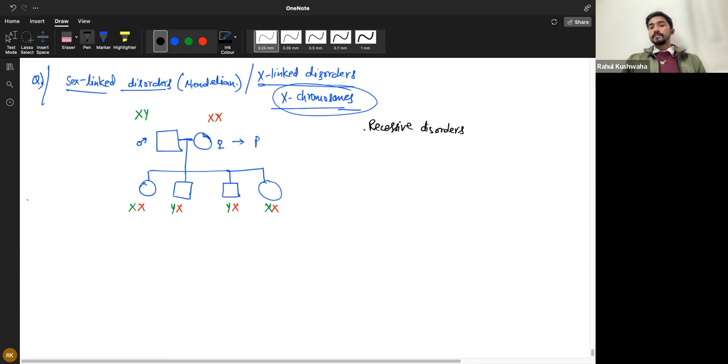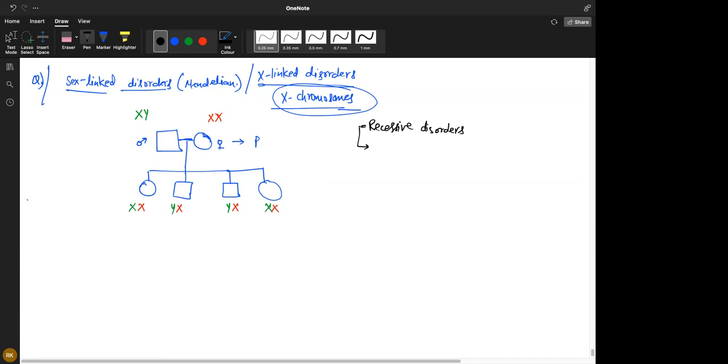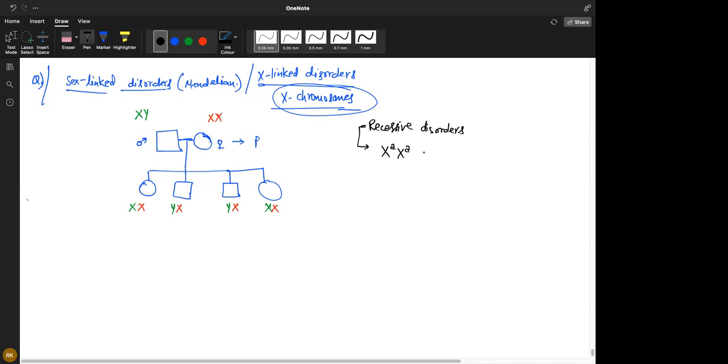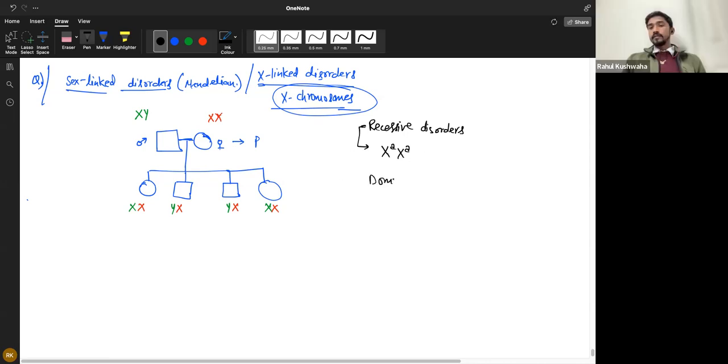What are recessive disorders? Those disorders which need both copies to be in a recessive form. So they can only be expressed if one X is affected and the other X is also affected, right? Yes. So in a dominant disorder, we are talking just in terms of the X chromosome right now.